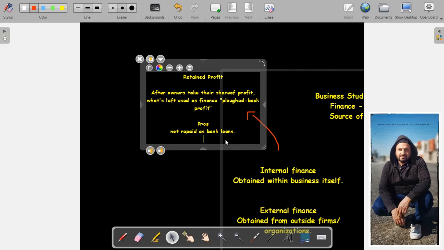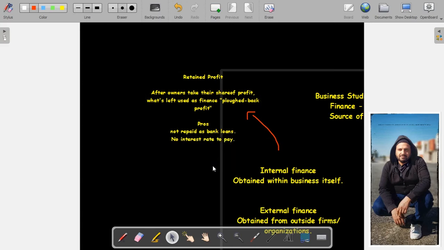And the second advantage is that there is no interest rate to pay. You don't have to pay interest because it's not a loan. It's just capital that is raised from the business. So this is about the first internal finance method.